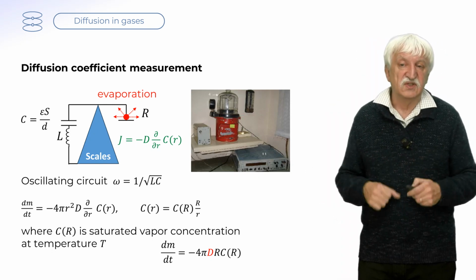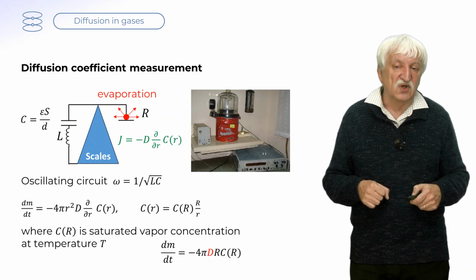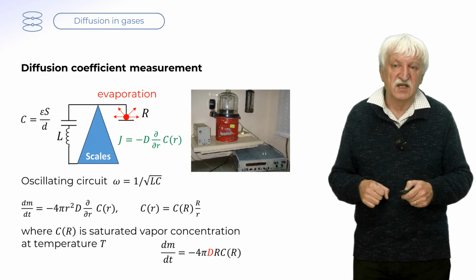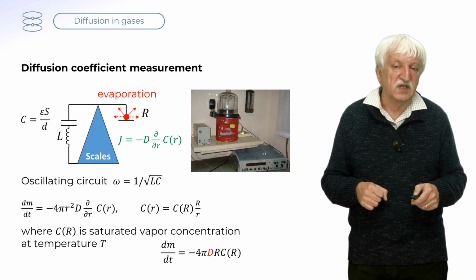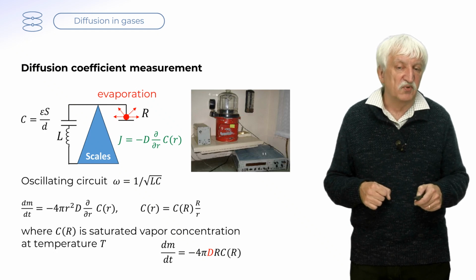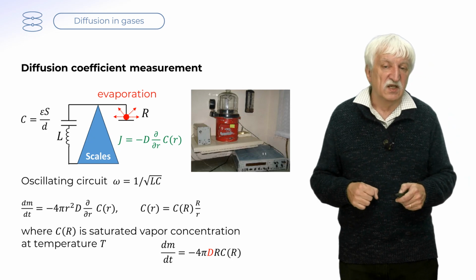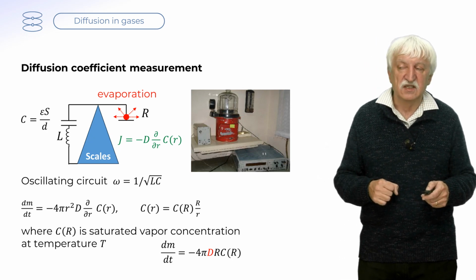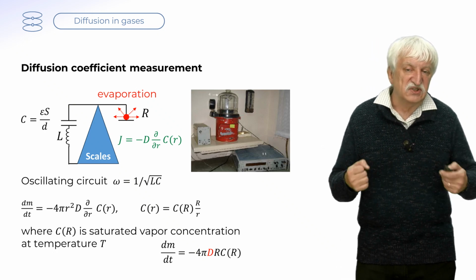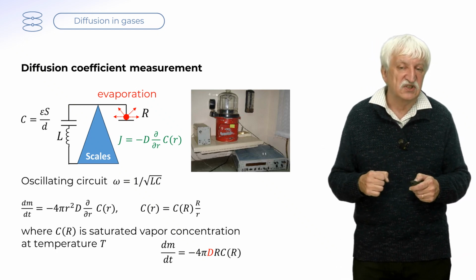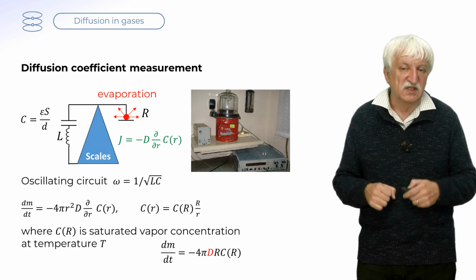As you see on this picture, there is an oscillating circuit which has a frequency of oscillation omega, which is inversely proportional to the square root of L times C. So if the capacitance C is changed, then this frequency is changed, and this can be measured.